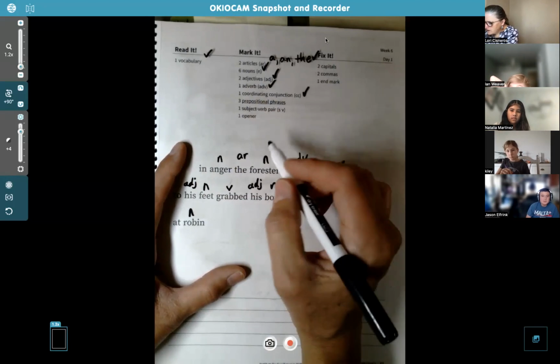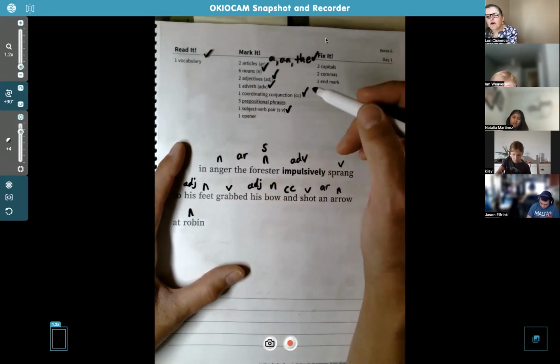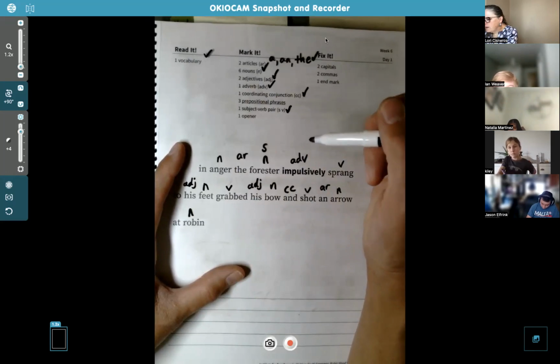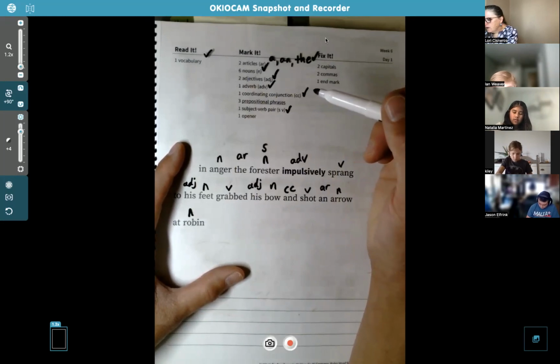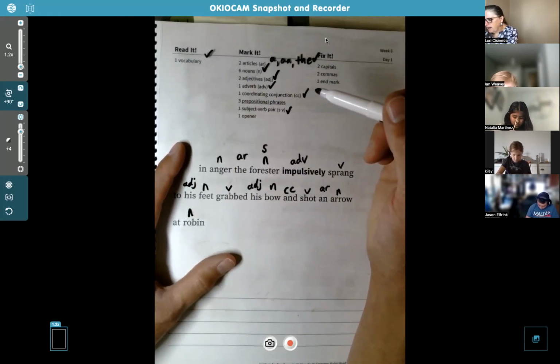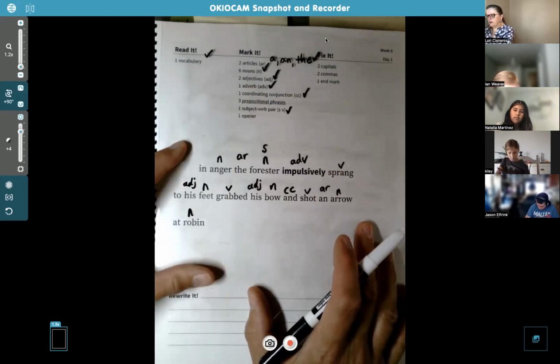Forester. Good. So S on top of the noun. Very good. And now it's going to be easier to find those prepositional phrases. So Natalia, look for the words that don't have a label on them yet. And there are three prepositional phrases here. Can you find them?